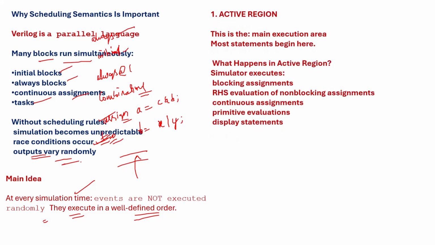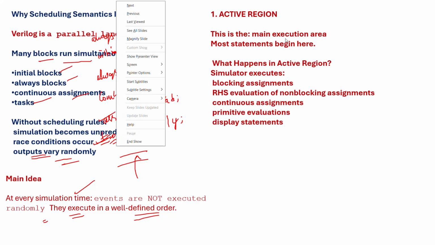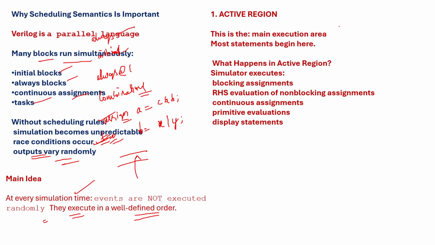In this active region, why is the active region used and what type of statements execute in it? Most of the code executes in this region only. In your design code, this is the main executing area, and most statements begin here.